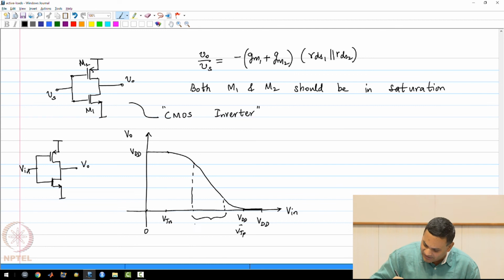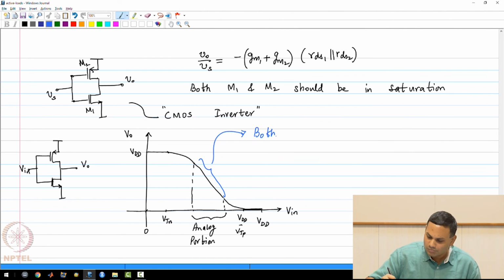Now this portion is the analog portion. In this region, both M1 and M2 are in saturation.